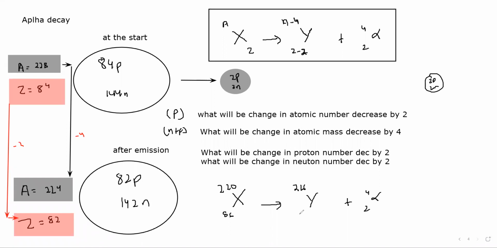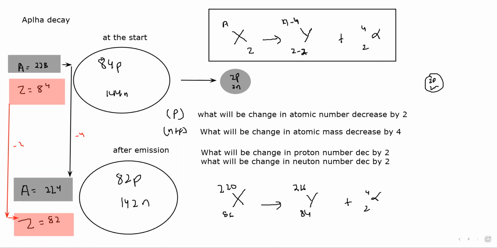And if it is 86, this will become 84. So you should be able to complete the equation for alpha decay. Sometimes you have to complete the reactant side, sometimes the product side. So this is known as alpha decay: atomic mass decreases by 4 and atomic number decreases by 2.